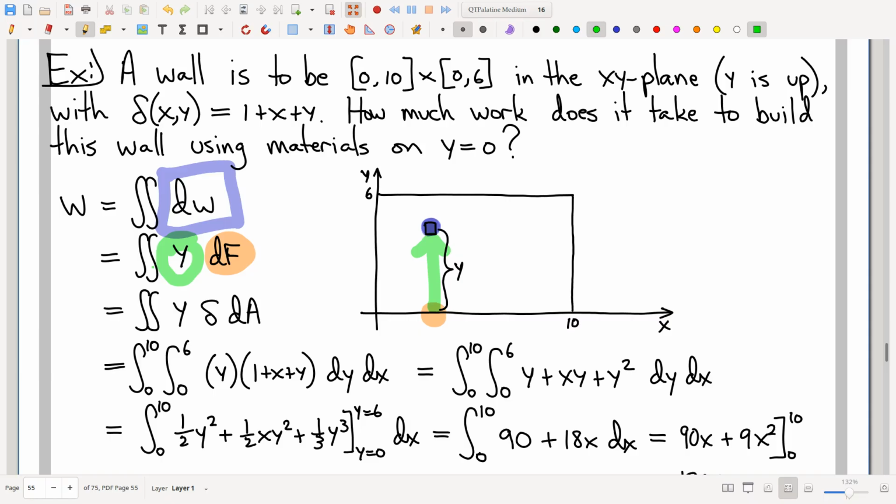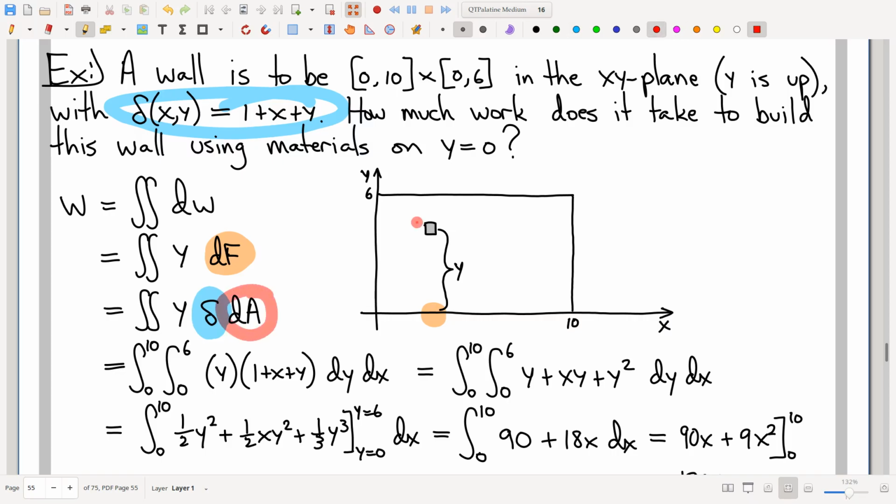So you see, work is force times distance, so we write that down, and now let's look at force. I mean, how much does that brick weigh? Well, we know what the density is. And weight is, and of course, my pen chooses this time to die. Weight is weight per unit area times area.